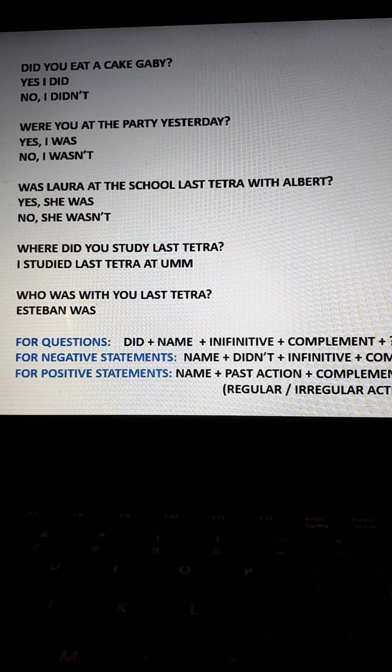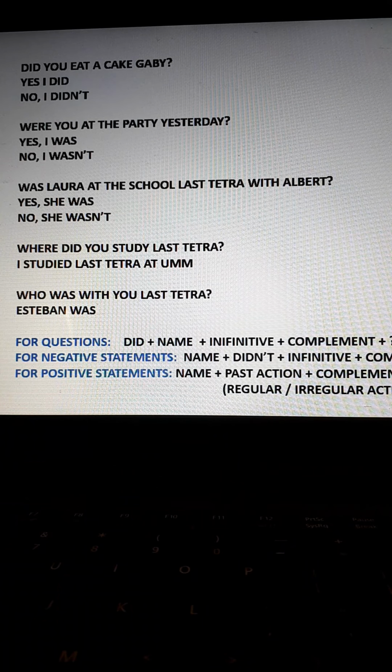If you're going to ask with did, the answers are going to be short, yes or no, and that's it. ¿Comiste un pastel? Sí comí, no comí. Fácil. O sea, las respuestas son cortas si empiezas con el did nada más.